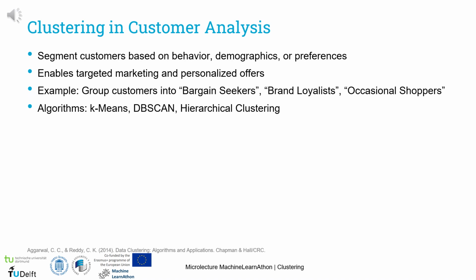So with the clustering algorithms, different customers are clustered into customer groups. So you have, for example, bargain seekers, which look for a discount or are very sensitive to price changes, or you have brand loyalists or occasional shoppers.